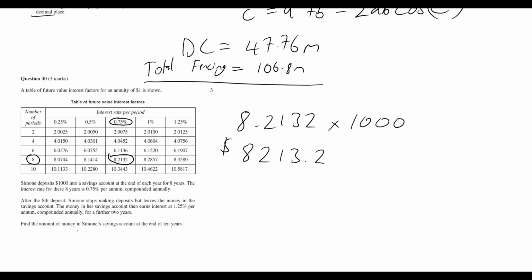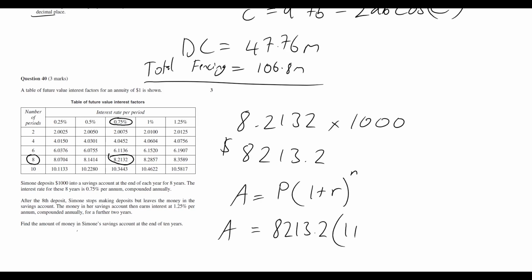Now it then says that for 2 more years, she just left her money there to accrue interest. She didn't make any more deposits. So what that means now is that we'll use our compound interest formula of A equals P times (1 plus R) to the power of N. And let's see what we get. So, well, A, that's what we want to find out. P equals 8,213.2. 1 plus, well, what was the rate? 1.25%.